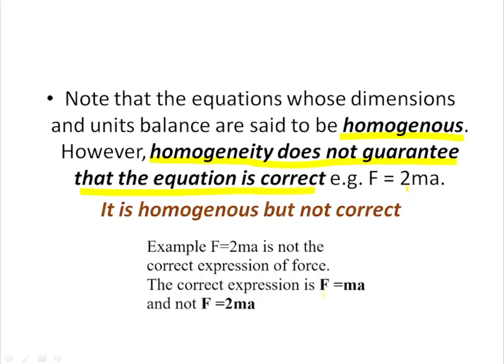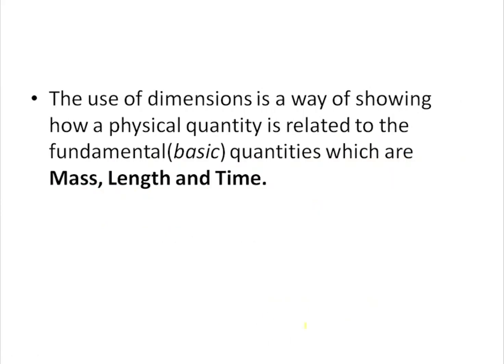And you'll notice that the correct expression should be F is equal to ma and not F is equal to 2ma. The use of dimensions is a way of showing how a physical quantity is related to the fundamental, that is, basic quantities, which are mass, length, and time.